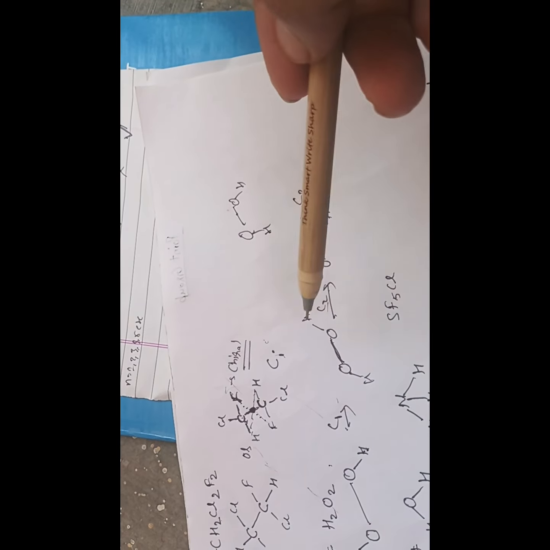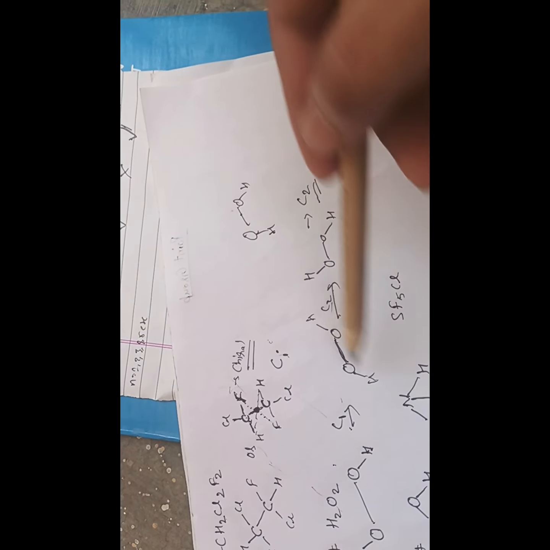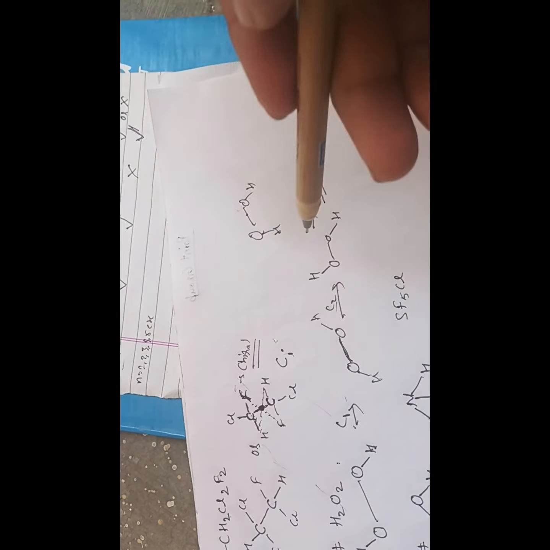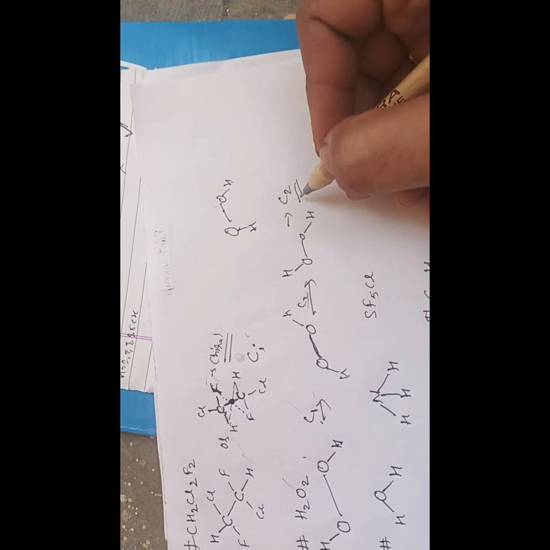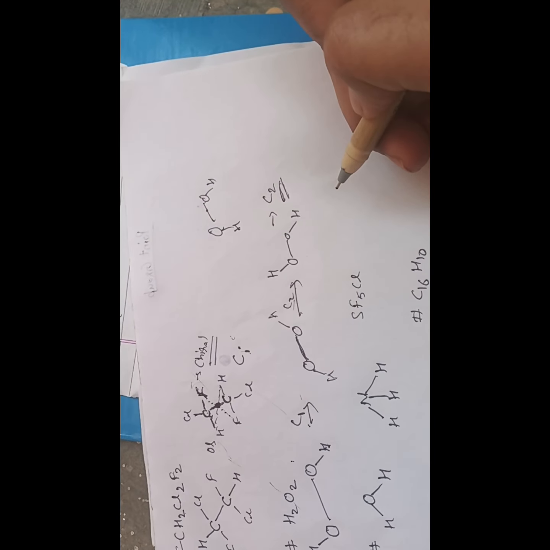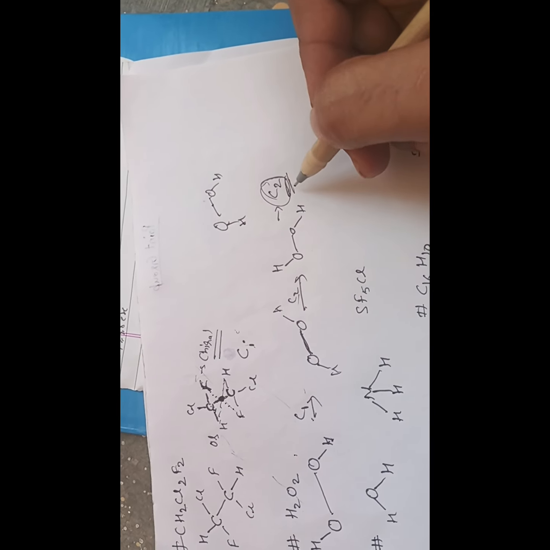So both horizontal and vertical would be possible, but here it is the opposite. The hydrogens are on the trans side, so there will be no vertical and no horizontal planes. Hence it will only have a C2 axis of symmetry, so the point group will be C2.